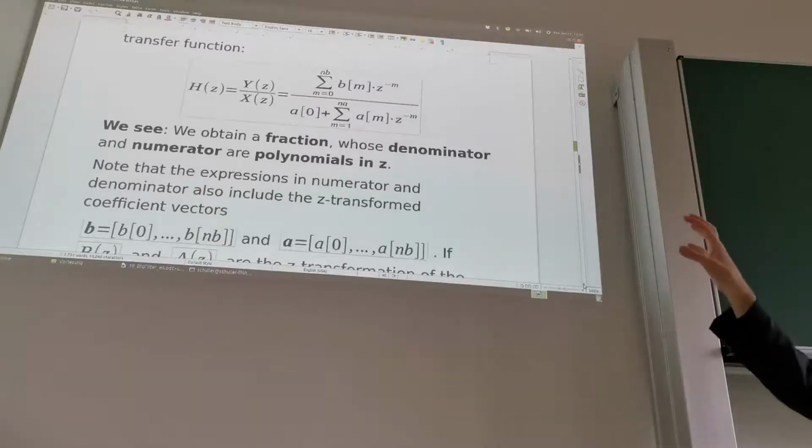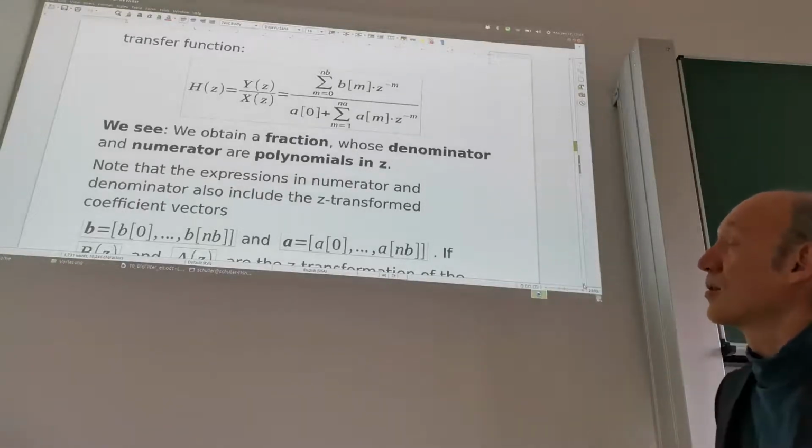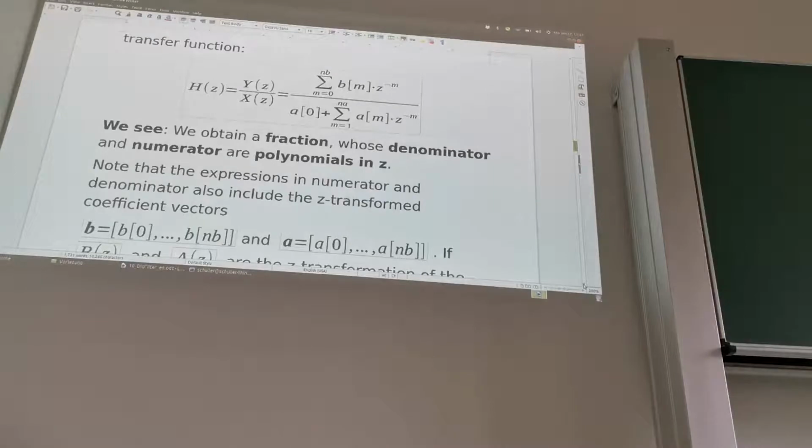Because in the Z domain, the transfer function really consists of two polynomials, one in the numerator and one in the denominator, and the coefficients are accordingly in the numerator and the denominator. Right? So the B's are really in the numerator and the A's are really in the denominator. And that's why they have this name. That's where they appear in the Z transform.